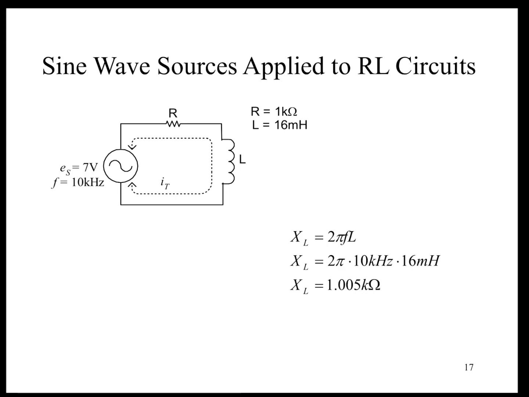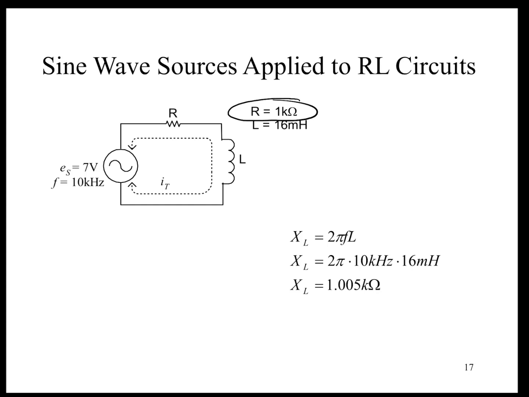Okay, so if we take this example right here, you can always pause this and go through this process on your own. But what's the first thing we need to understand when we look at this circuit? Well, first of all, we can see we have a series connection. So because we have a series connection, it means we can take a value of R that we see here as 1 k ohm.